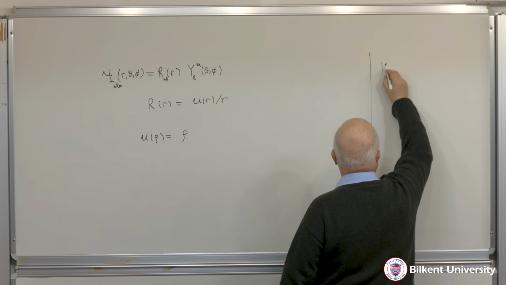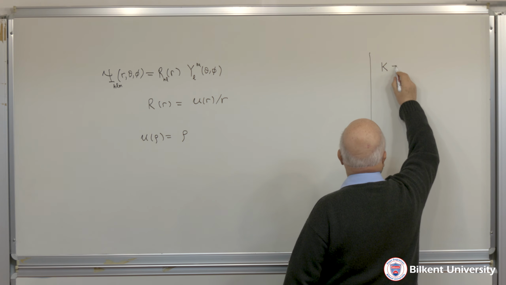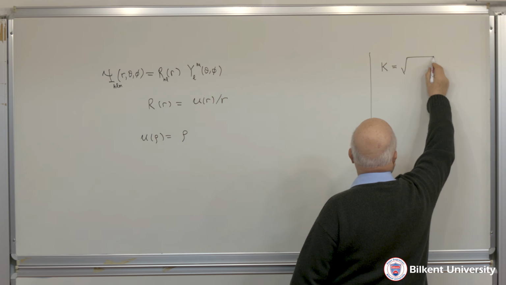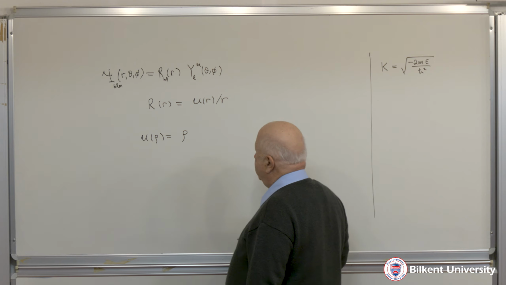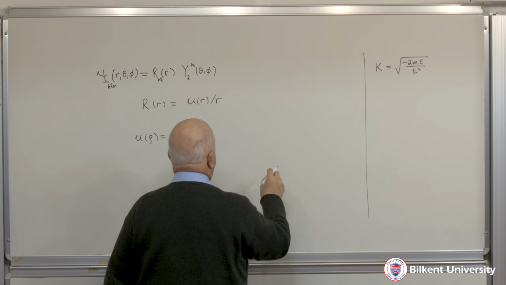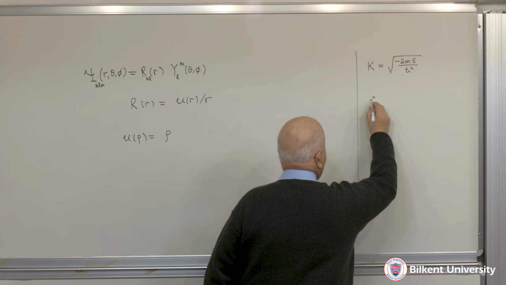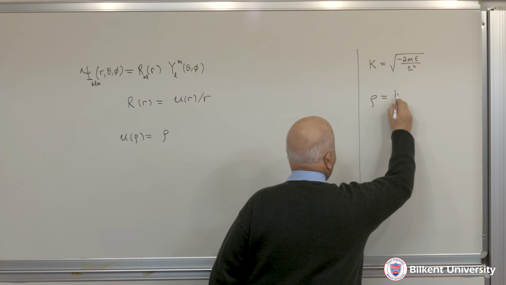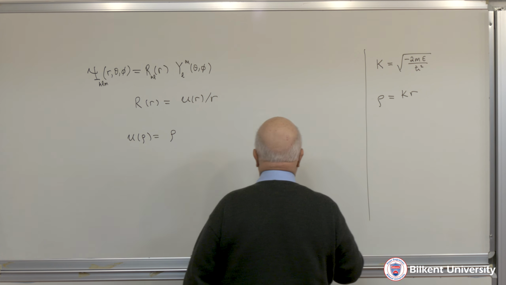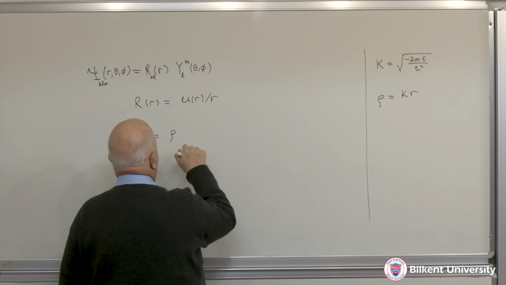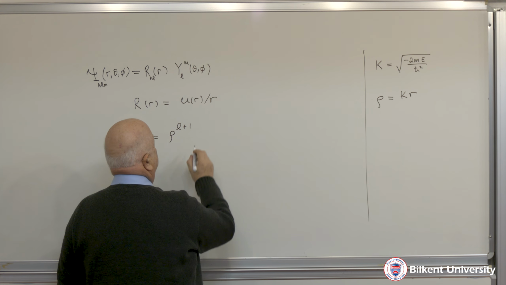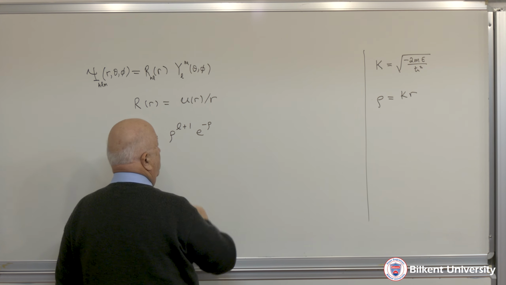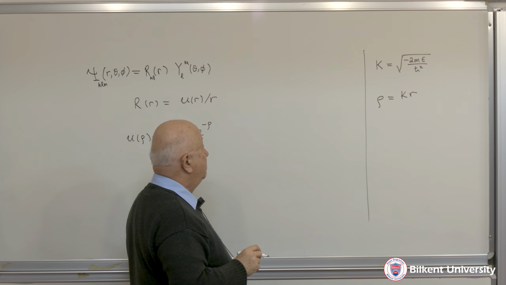There is this variable k, which is equal to the square root of minus 2mE over h bar squared. And this dimensionless variable rho is just k times r. In terms of rho, I had, remember, rho to the L plus 1 times e to the minus rho. These are the asymptotic parts.